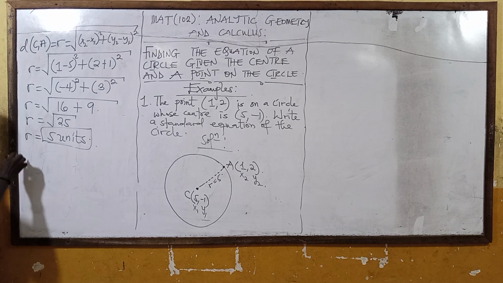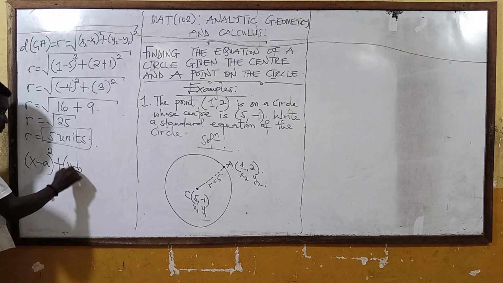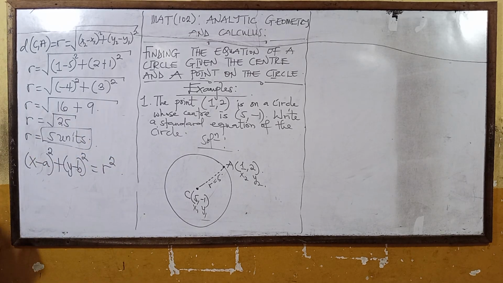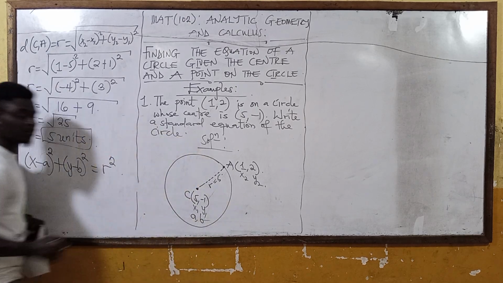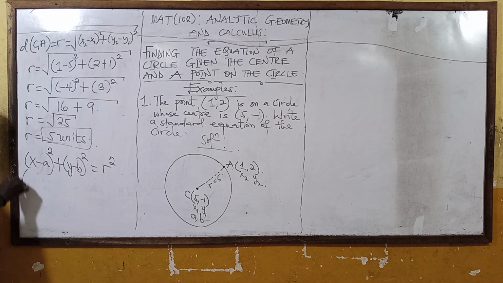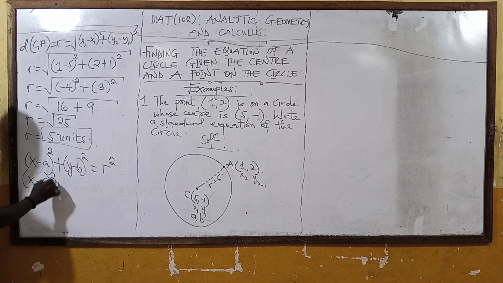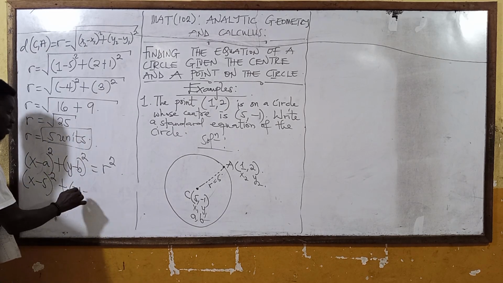The equation of a circle given the center (a, b) is (x minus a) squared plus (y minus b) squared equals r squared. With a, b to be 5 and negative 1 respectively, my x minus a is (x minus 5) squared plus (y minus my b, which is negative 1).